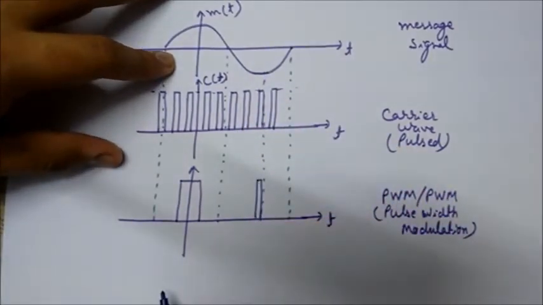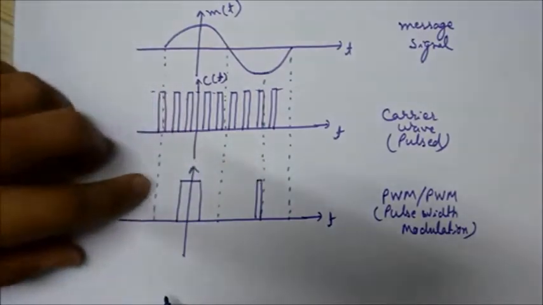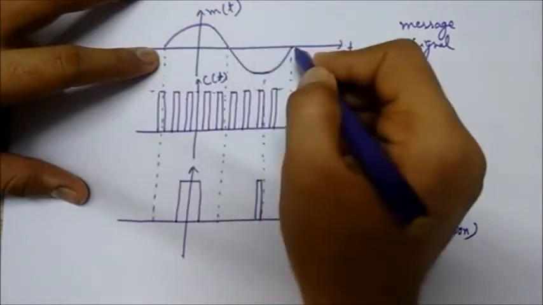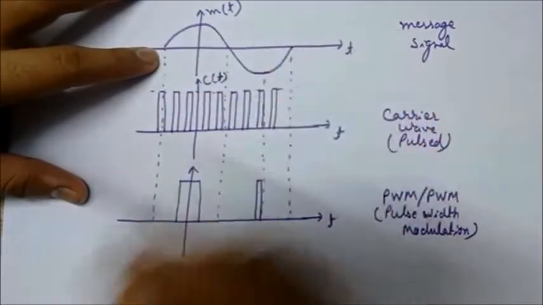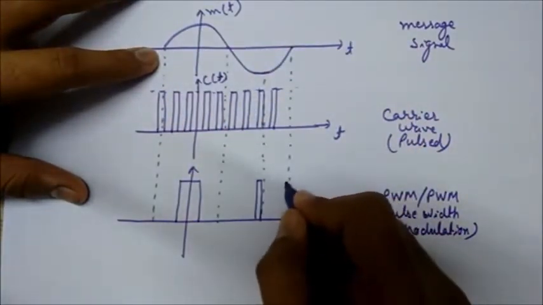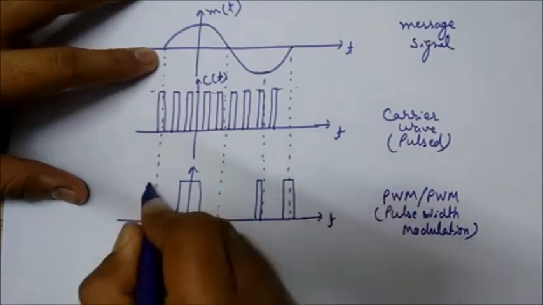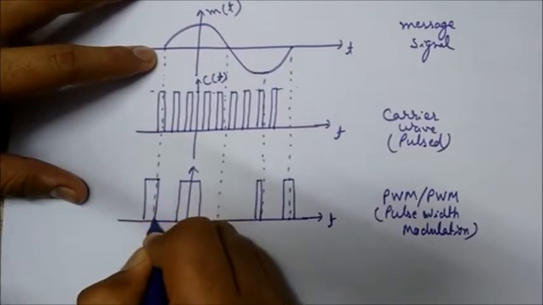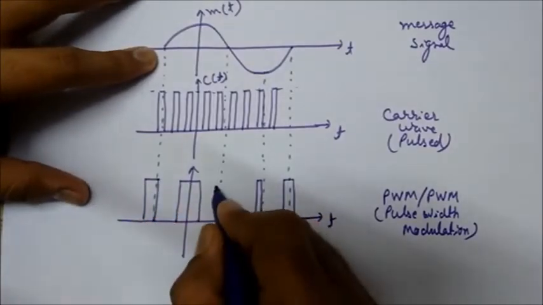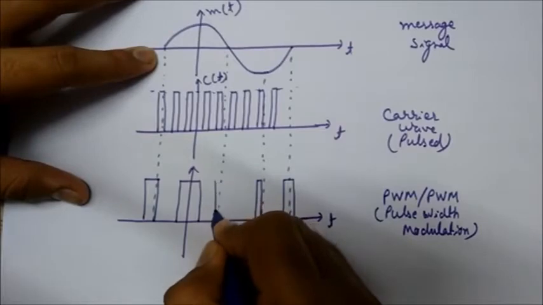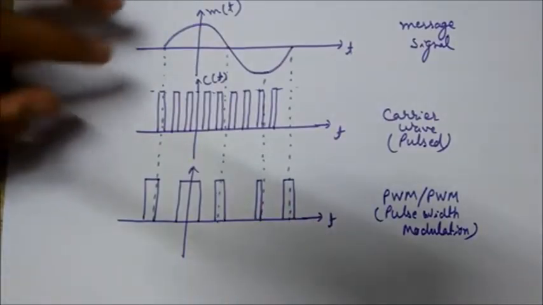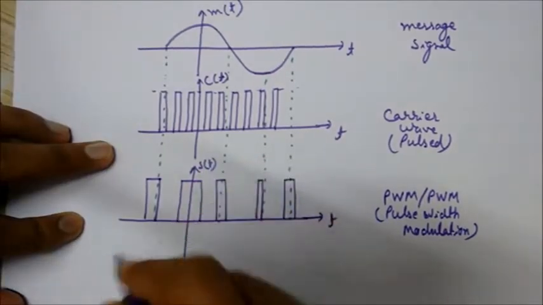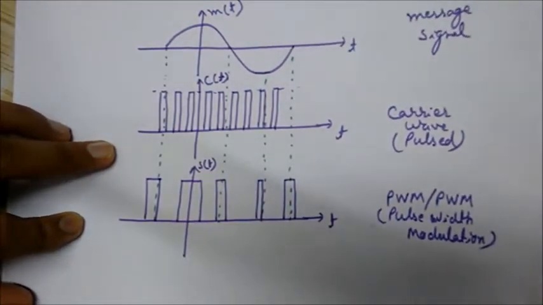You should notice here that the amplitude is not varying, only the width is changing, and corresponding to these 3 points which are at 0 here, the width will be equal. It will obviously be more than the minimum and less than the maximum. This is the pulse width modulated wave. You can denote it by ST, anything that you want.